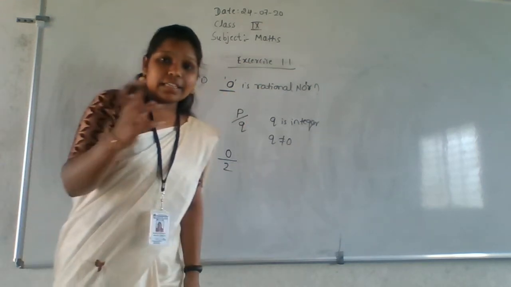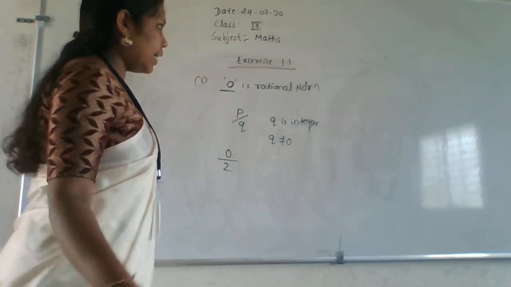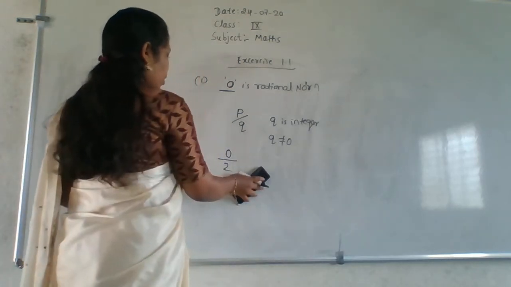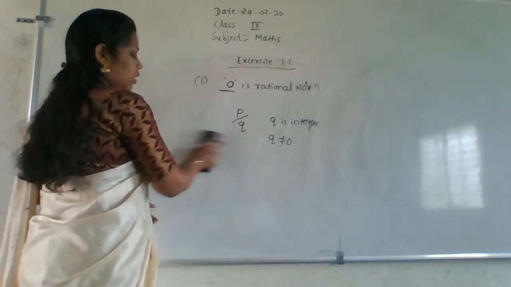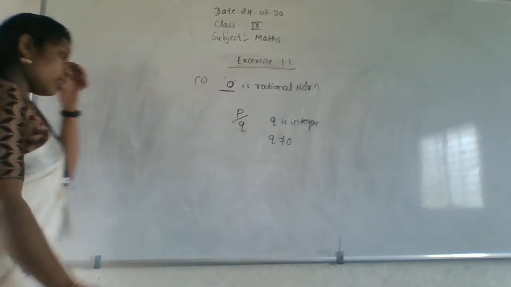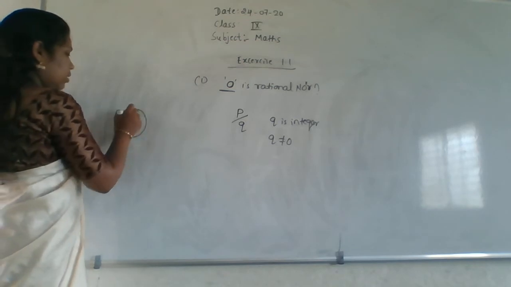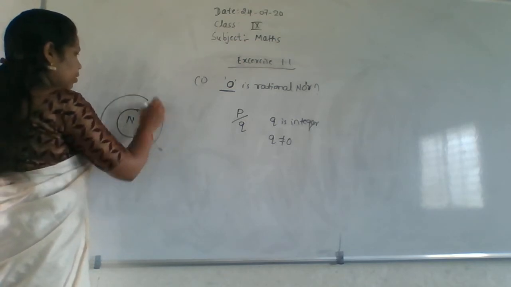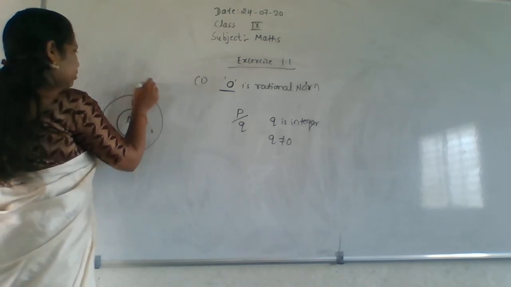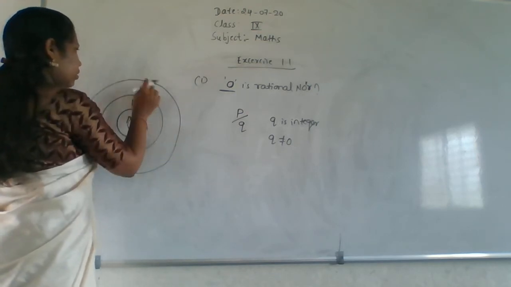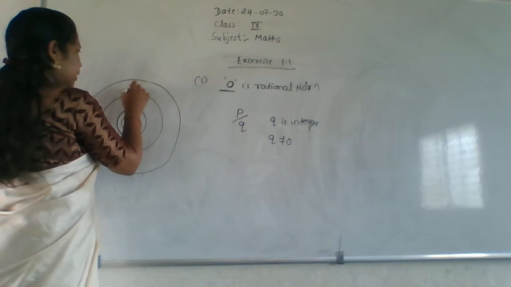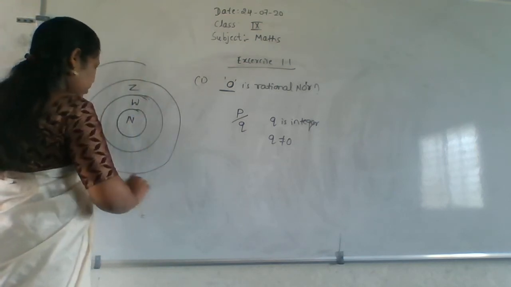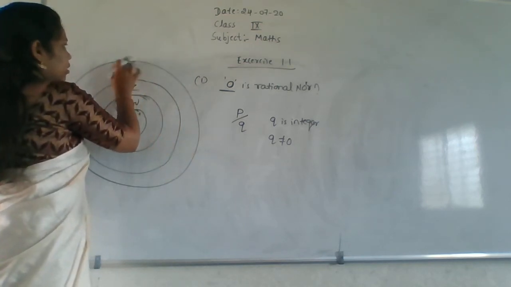Why? Even when I drew that chart, right? See here what I told in that class. Here only I'll draw. First one is natural numbers. After that, whole numbers. Next, integers. Next one is real numbers.